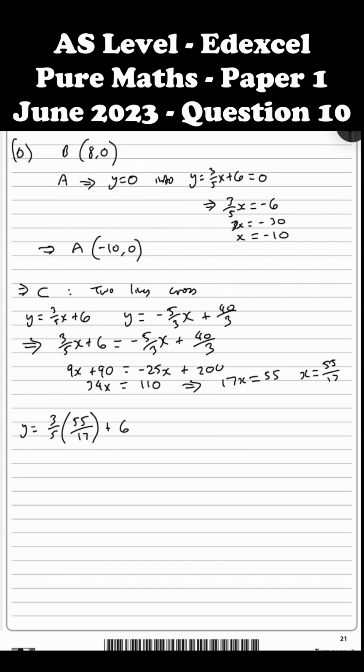So on my calculator, 55 over 17 times 3 over 5 gives us 33 over 17 plus 6, which just gives us 135 over 17. So C is the point 55 over 17, 135 over 17.